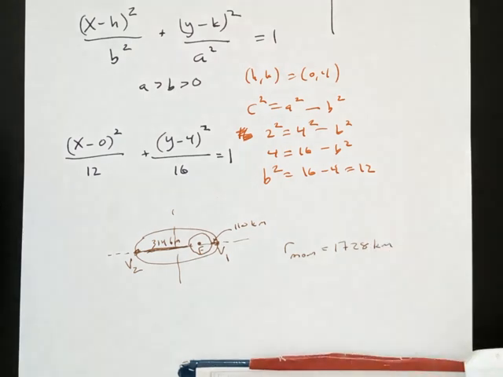So really, if the center of the moon is one of the foci, then I know this distance. I know this distance, right? That means I know where the foci and the vertices are in relation to one another. Means I know how big the major axis is, right? So I can figure out what the center is, and then I can figure out all of A and C and D from there.